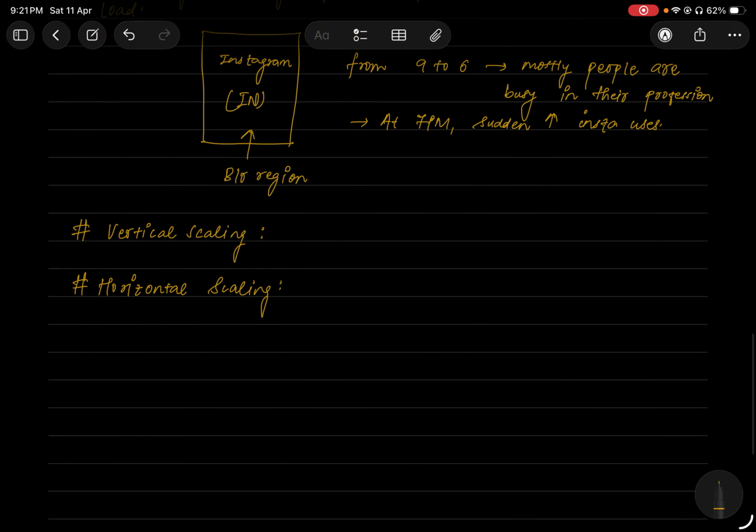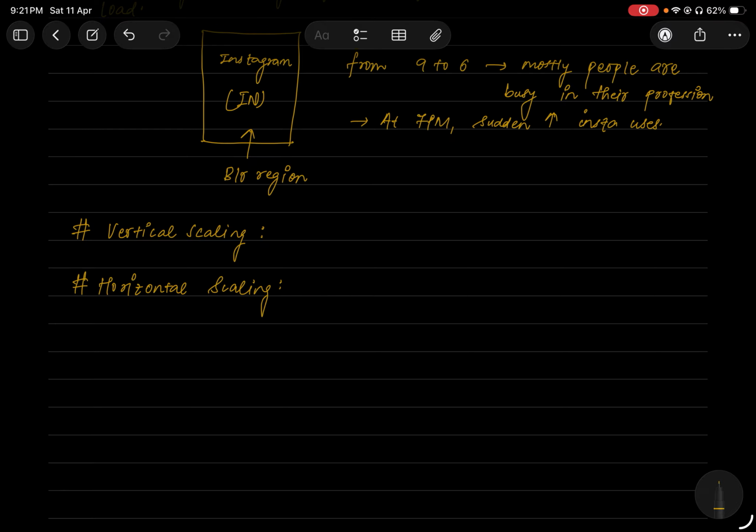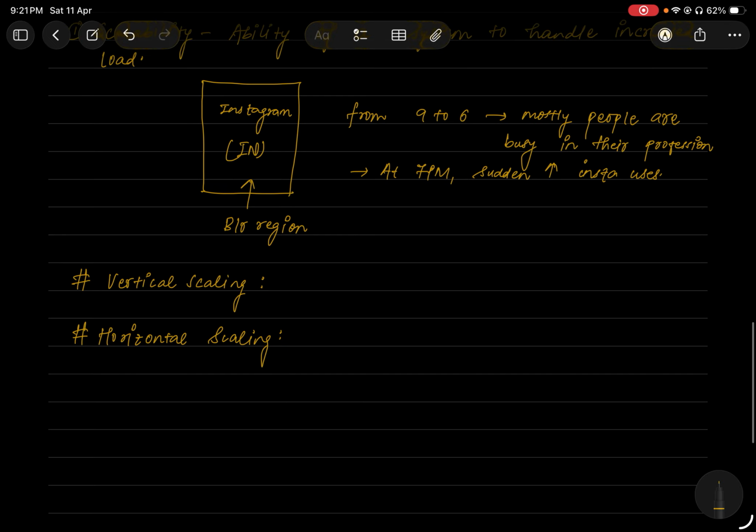Now vertical scaling means we are going to upgrade the machine. Let's say in the normal time I'm using 4 cores, 12 GB CPU, just as an example. Okay, this is for normal time.